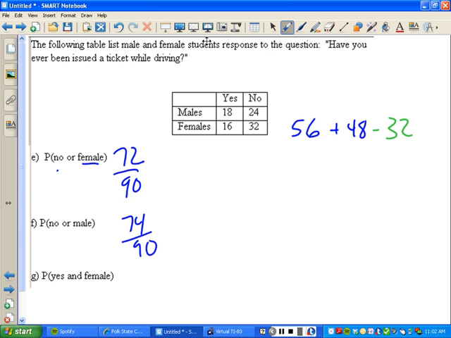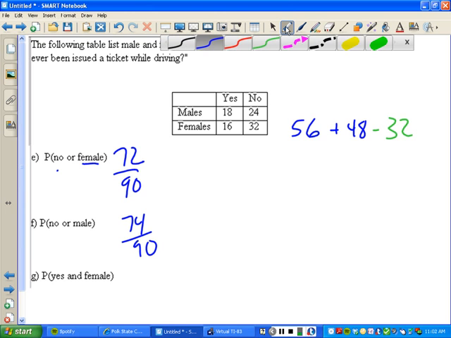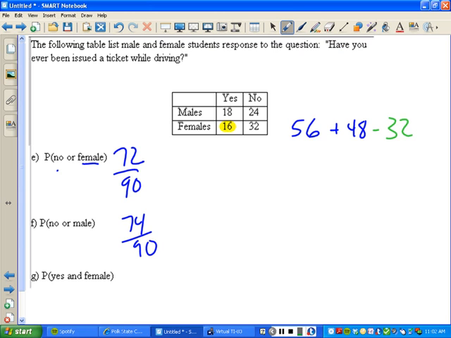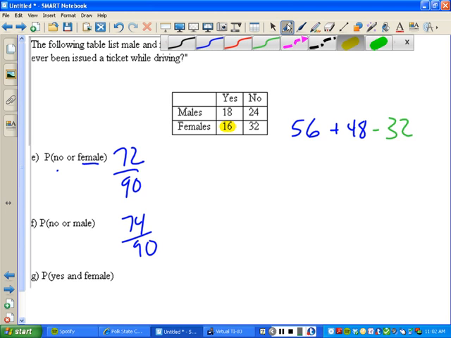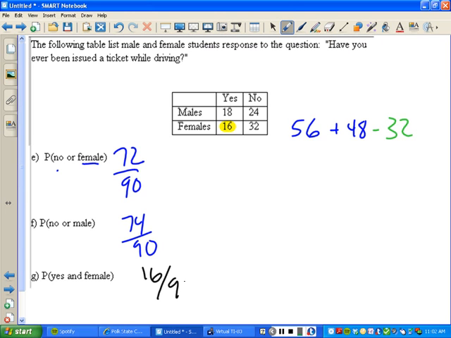Oh, you've got them all right so far. Yes and female. So how many people said yes and are female? That's this group. And therefore, the answer is 16 out of 90. All right, any questions on that?